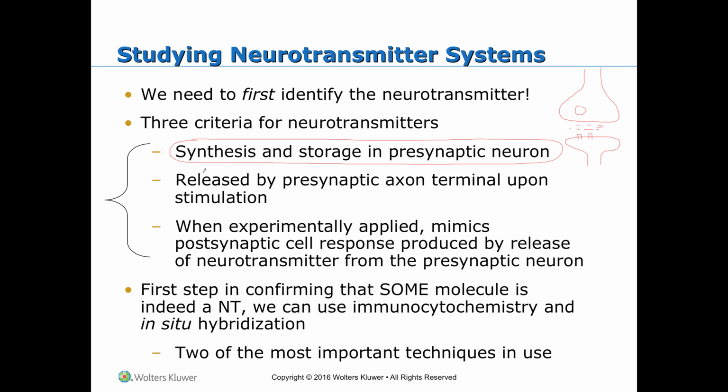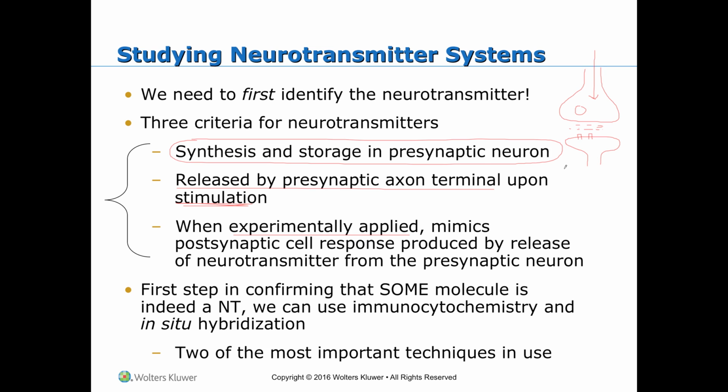The second criterion is that it needs to be released by the presynaptic axon terminal upon stimulation. So when an action potential comes down, this neurotransmitter needs to be released from this terminal due to that action. And the third criterion is that when it is experimentally applied, it needs to mimic the postsynaptic cell response produced by the release of neurotransmitter from the presynaptic neuron.